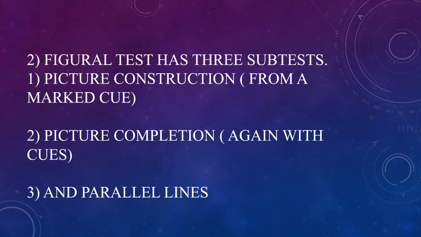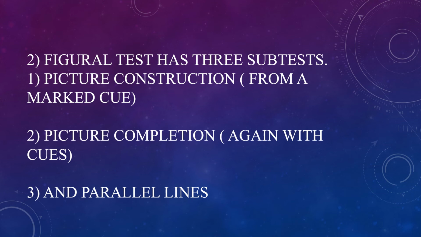The figural test is where they are given pictures, and according to the instructions they have to do the test. That is picture construction from a marked cue. Picture completion, again in picture completion you are given cues. Okay, so there may be some half puzzle or half picture and you're given options.